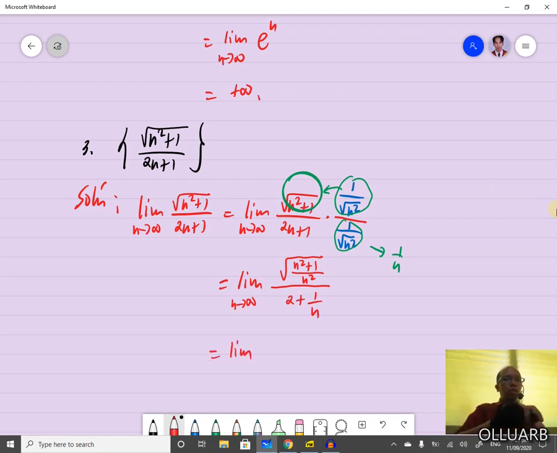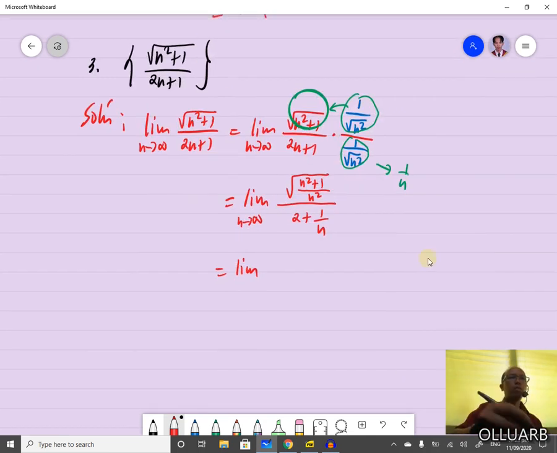So further simplify the result, this will become the square root of 1 plus 1 over n squared, over 2 plus 1 over n, as n approaches infinity, and the limit you can evaluate now.